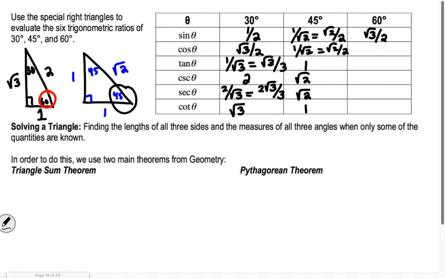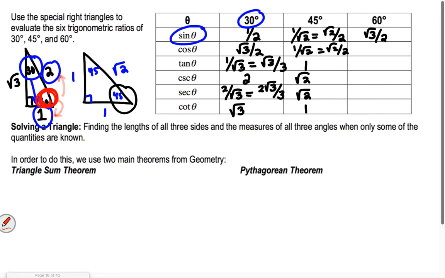Oh my gosh, the complementary angles. Do we see why that's true? Because sine of 30 is opposite over hypotenuse, and cosine of 60 is adjacent over hypotenuse. Do you guys see how we're using the same numbers? Does that make sense why we would do that?